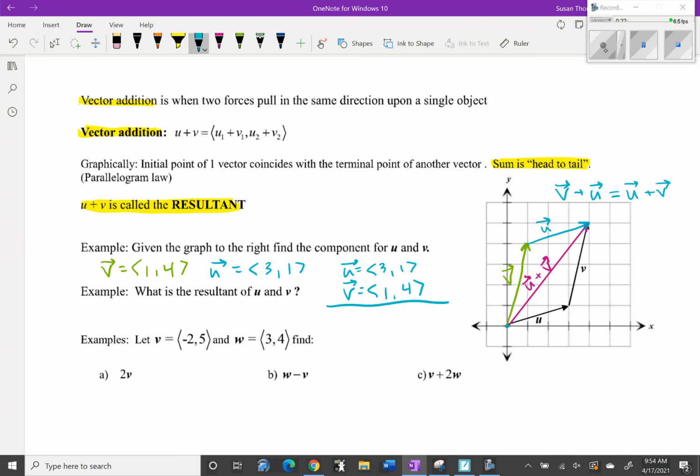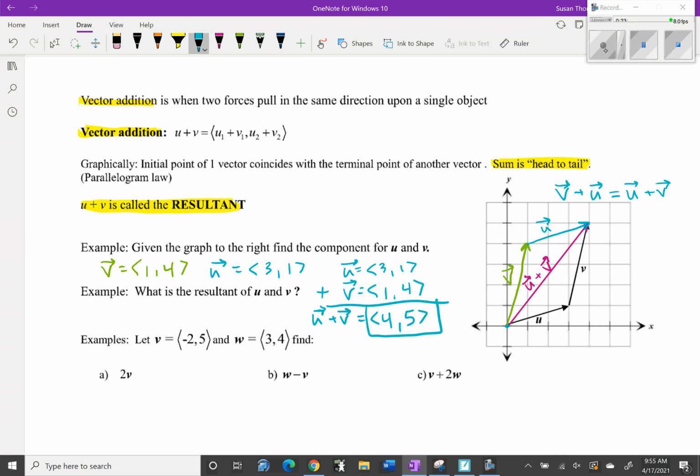If we add these together, u plus v would be equal to 3 plus 1, of course, is 4, and 4 plus 1 gives us 5. So this is our resultant. So 4, 5 is the component form.